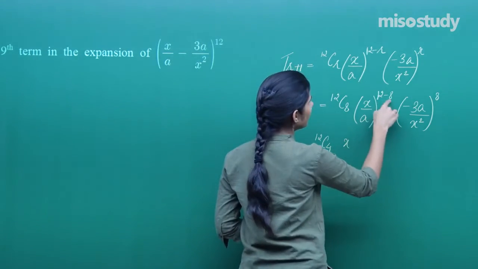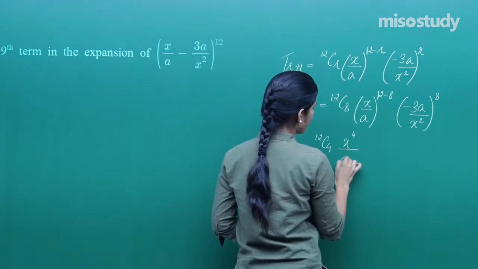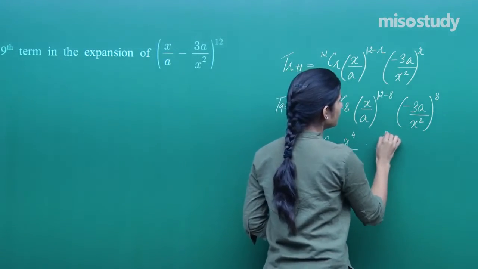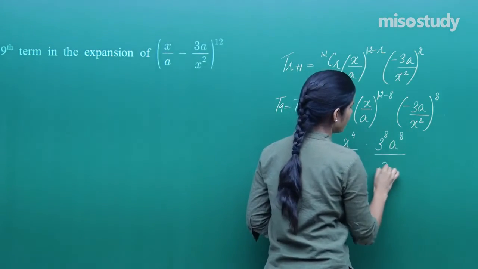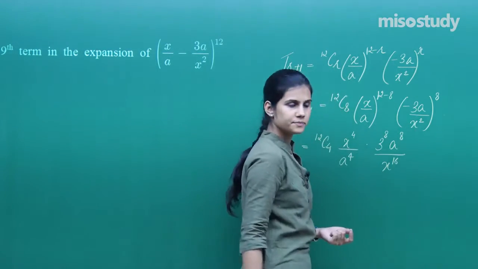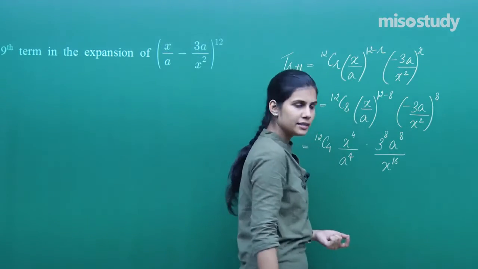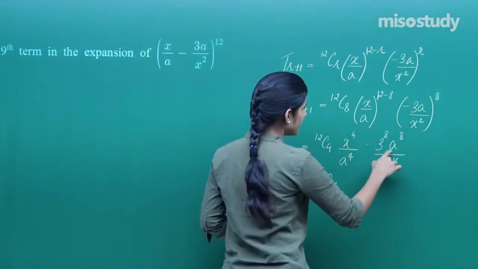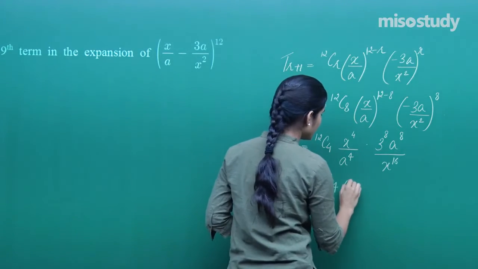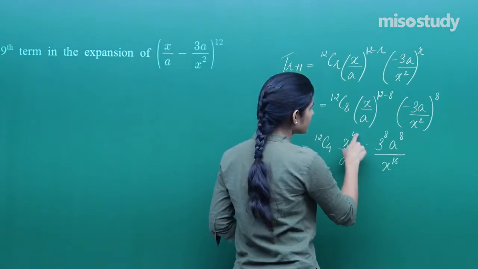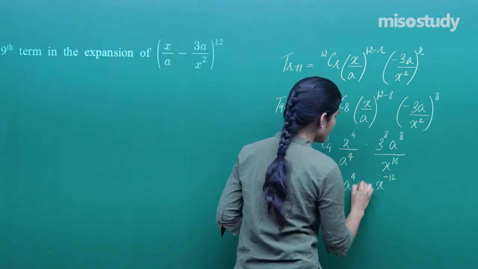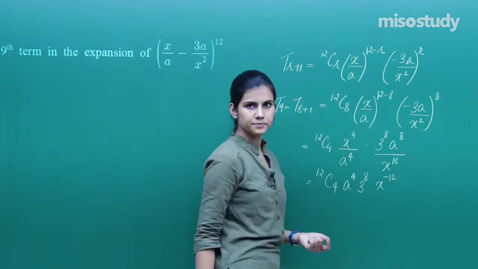This is x^4/a^4, and (-1)^8 is 1, 3^8 a^8/x^16, because this is 2 into 8, that is 16. This gives me 12C4, and from a^8 and a^4 I am left with a^4; from x^4 and x^16 I am left with x^-12, and this is 3^8.